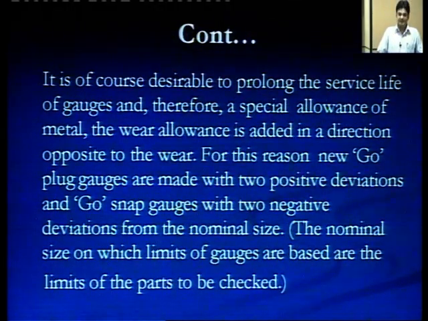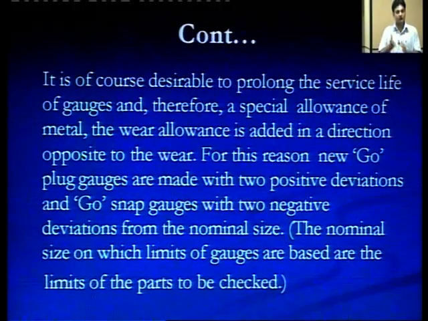So, to increase the life of the gauges, we have to consider the wear allowance, because otherwise the life of the gauges will be reduced, and so the cost will naturally be high. For this reason, the new go plug gauges are made with positive deviations, and go snap gauges are made with negative deviations from the nominal size.